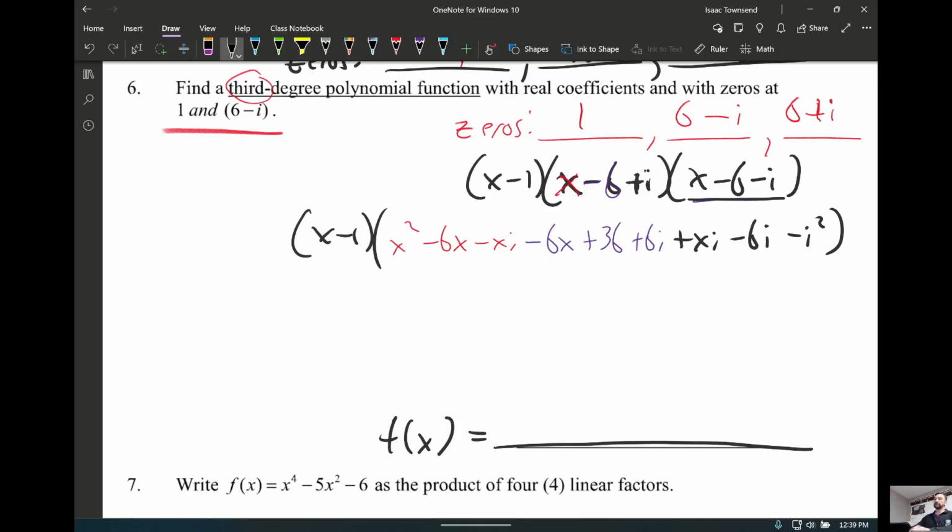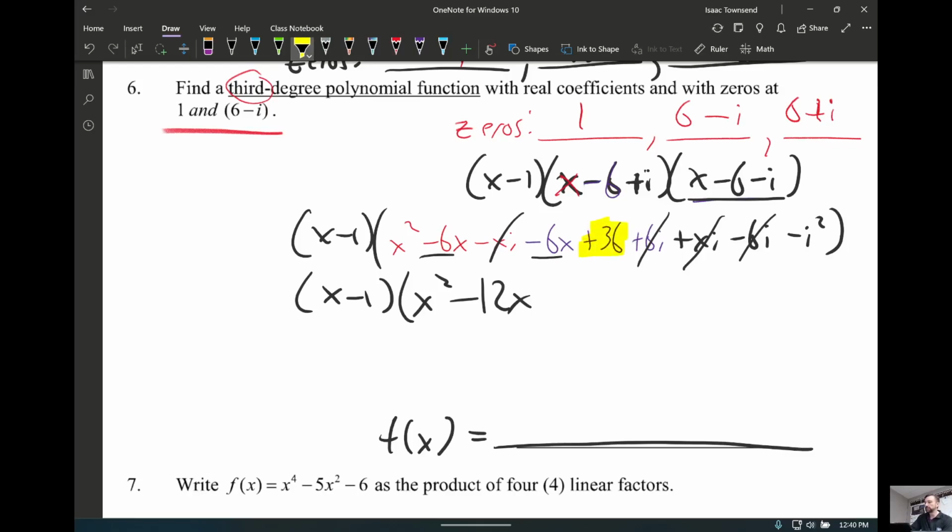Now, I would combine like terms before you distribute this x minus 1 personally, because a lot of this is just going to cancel out. xi minus xi goes to 0, plus 6x minus 6x goes to 0. I've got an x squared that has no one to combine with, a minus 6x, a minus 6x that could combine together. And then what about these two?